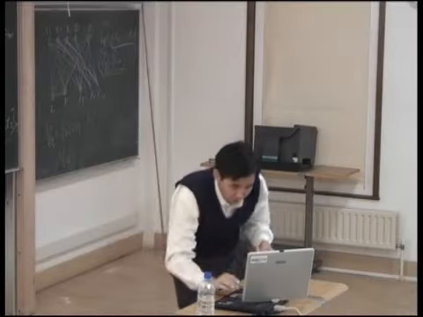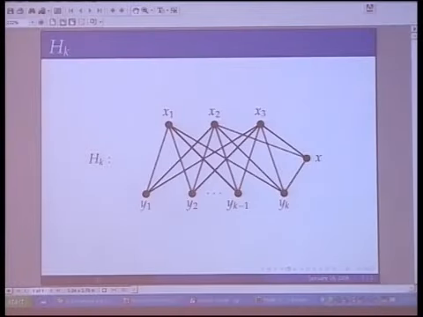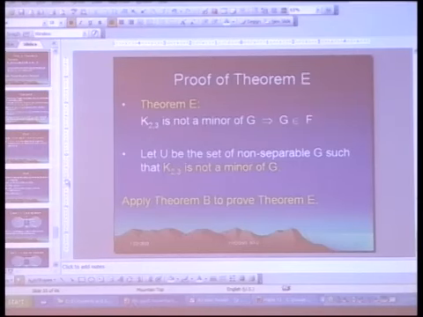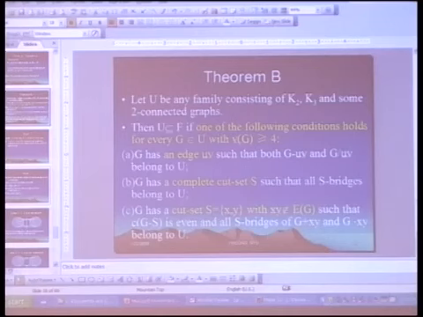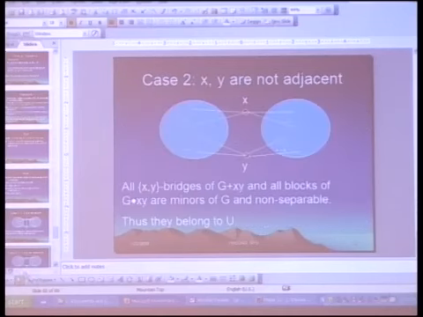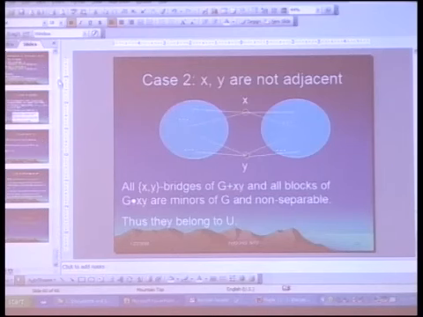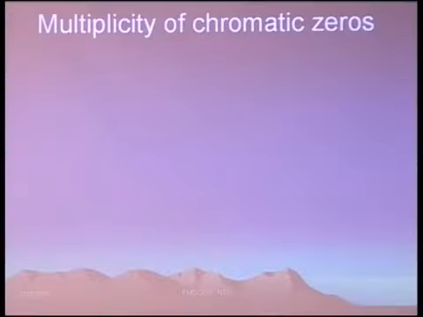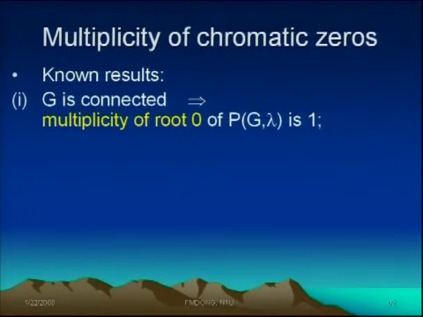And why is this interesting? Because we know some results about the chromatic polynomial. For k-connected graphs, the multiplicity of root 0 of the chromatic polynomial is always 1 if G is connected.